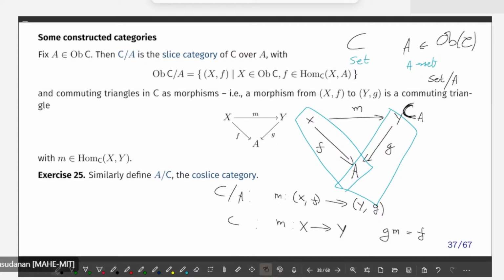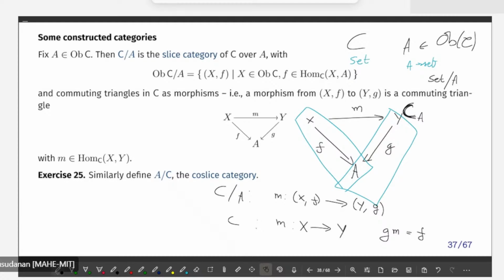Why do you have this condition rather than taking arbitrary morphisms? Because here you went to the trouble of taking morphisms as objects. So this morphism you want it to be in some sense structure preserving. Structure preserving means here the only thing you can do is this commutativity, because you don't have internal structure. Again, you need to work on why that intuition is correct.